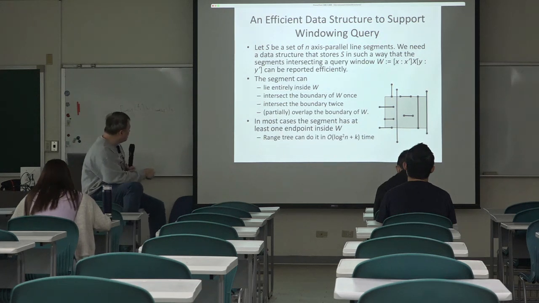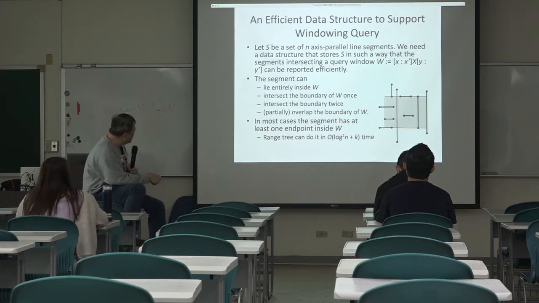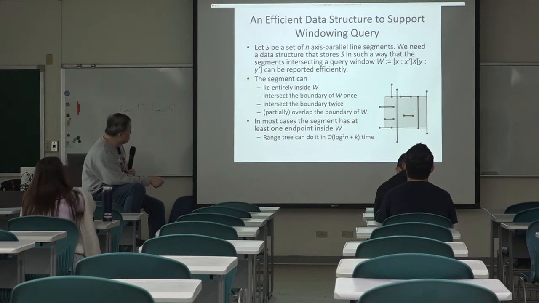But the first thing is this: in most cases, the segment has at least one endpoint inside the window. For example, if the segment lies entirely inside the window, like here, then obviously one endpoint of that segment is inside W, right?